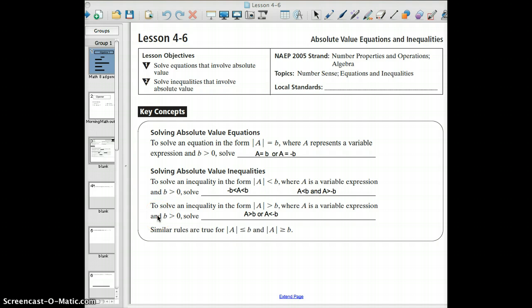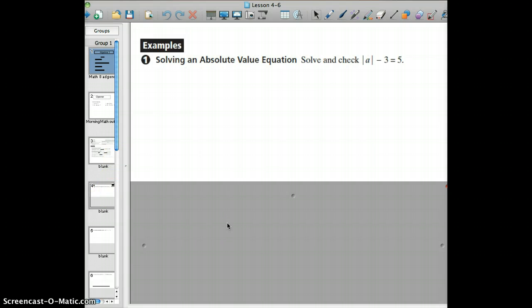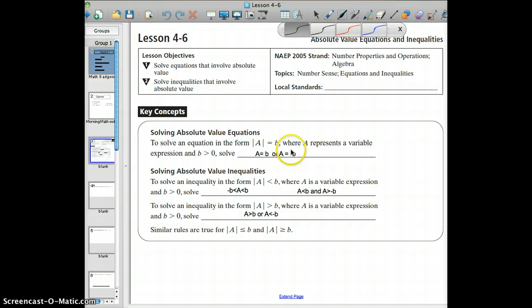Let's look at a few examples and hopefully we'll clarify some of these instructions here. Our first example, we are looking at the absolute value of A minus 3 equals 5. Now, if we go back to our notes, notice you have the absolute value equals B. You have to have the absolute value by itself before you can break it down into the positive and negative.